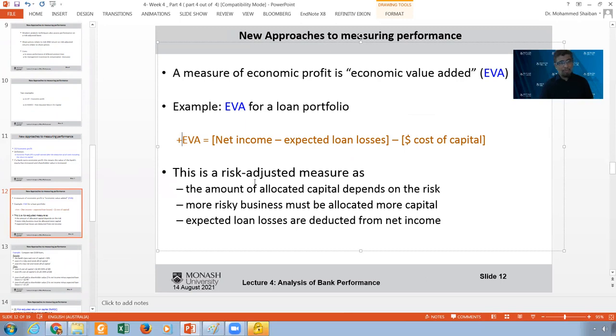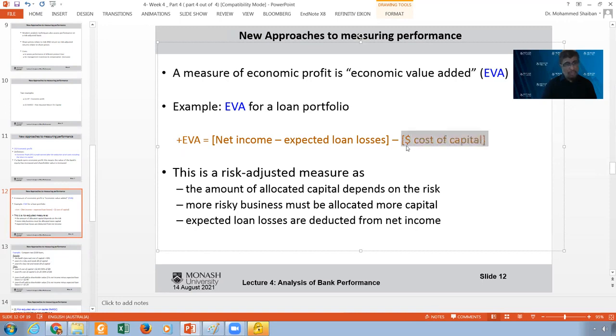This is a risk-adjusted measure, because when you take the net income and the expected loan losses, these expected loan losses are according to the risk of those loans, and then you deduct the cost of capital, because more risk needs more capital.